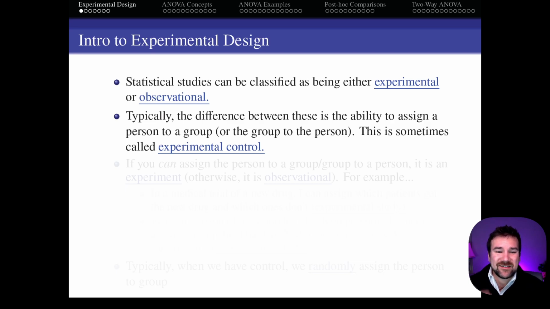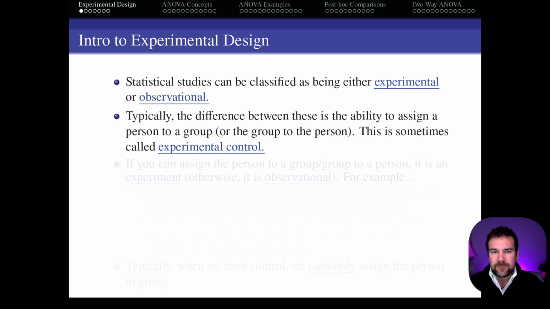Specifically, the main distinction that we look for in an experimental versus a non-experimental study is, do I have control over who is in what group? So for instance, in a medical example, I might look at a treatment group, a new drug, versus a control group, someone who got a placebo or didn't get anything at all. In a marketing case, maybe I look at someone who got my new marketing plan versus someone who got the standard marketing plan.